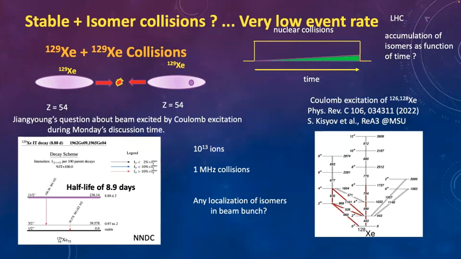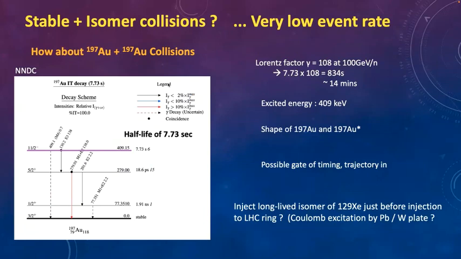How about gold? He discussed that the half-life is 7 seconds. If we multiply by the Lorentz factor gamma, it's 14 minutes, but that's also a question. It's probably very negligible.